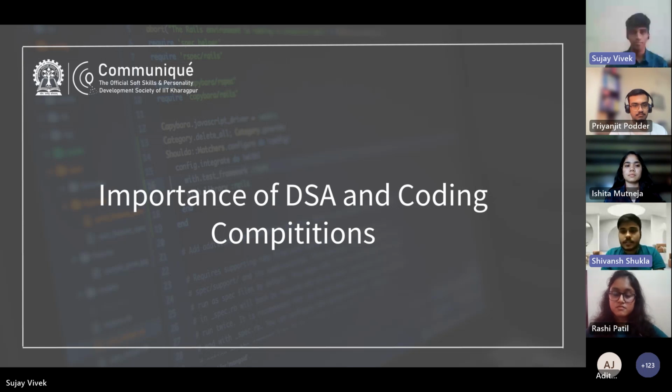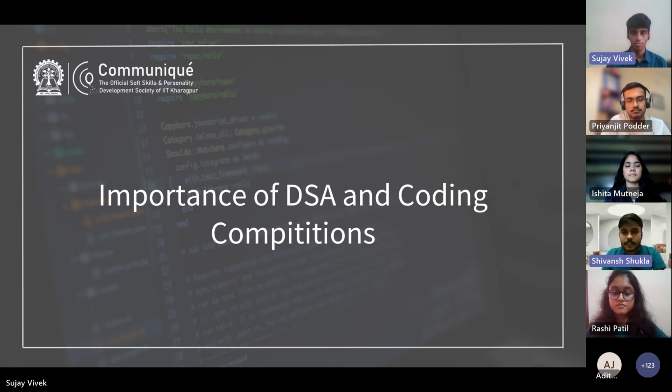Also, if you are just doing CP, then you can't consider that you have also completed DSA preparation, because DSA needs to be done separately, I believe. There are topics like binary trees, stacks, queues, and other stuff which are rarely used in CP. But they play an important role in DSA and also in interviews.